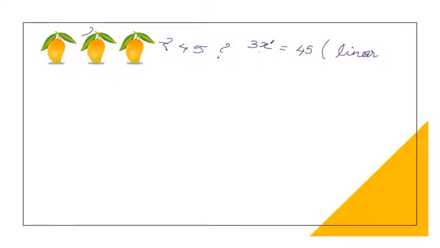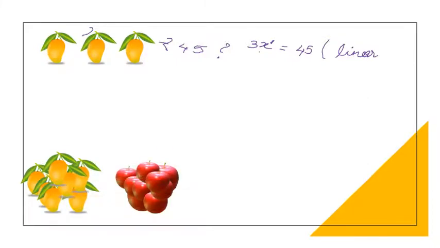Now, in another case, I have many mangoes over here, and I have some apples as well. I'm going to buy these mangoes and apples. How much will I have to pay for them? I don't know how many mangoes I have. Suppose I have x mangoes here.